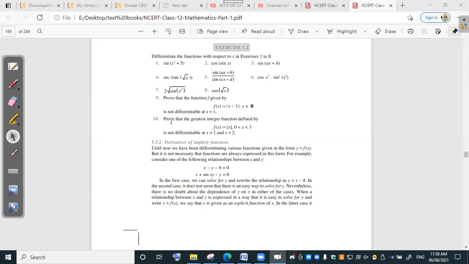So you can see here differentiability is asked in question number 9. So we have to check the left hand derivative and right hand derivative. I will take this question first.